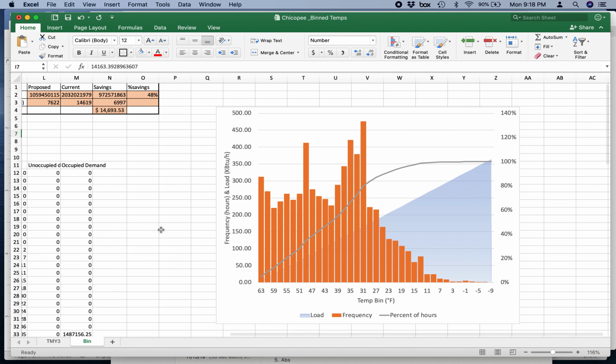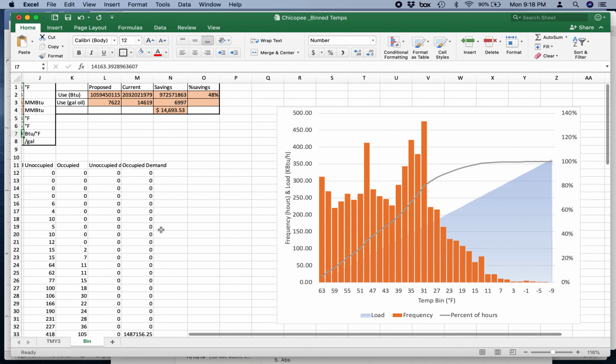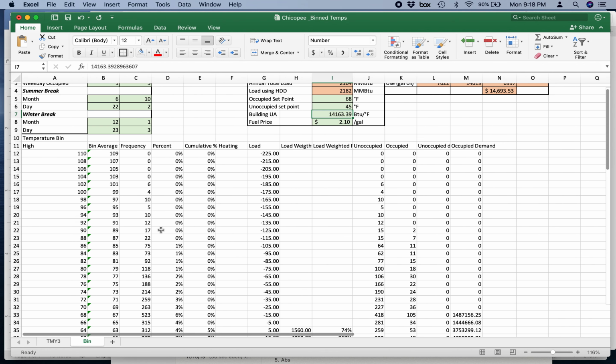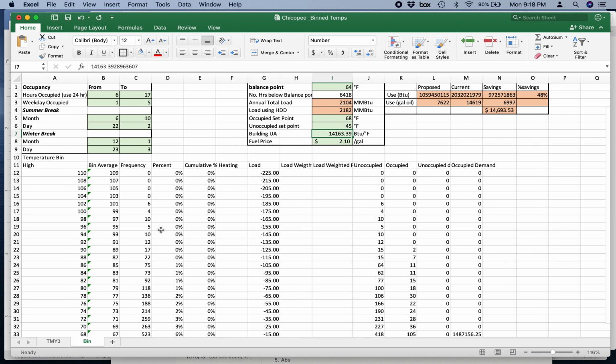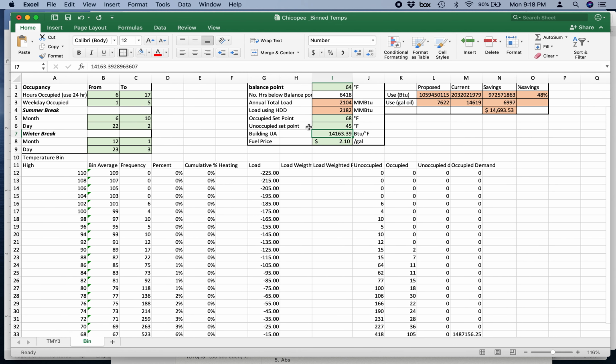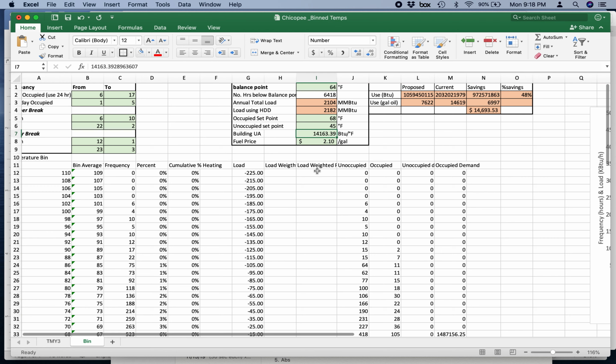And of course, that's improved if we also reduce their heat loss. And the value of being able to create these binned data. And you can choose bigger bins if you want, right? I did 2-degree bins, but you could do a 5-degree bin. And by being able to use occupied and unoccupied temperatures, you can explore the effect of just one intervention.